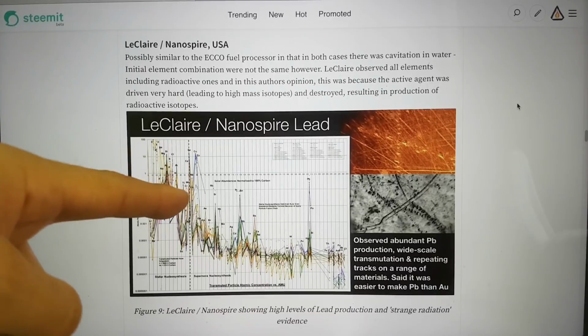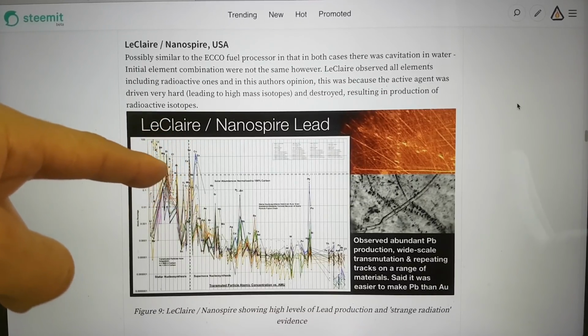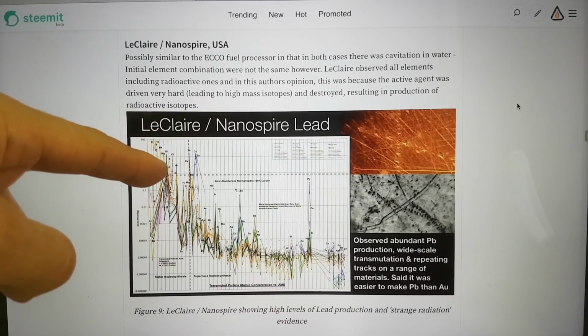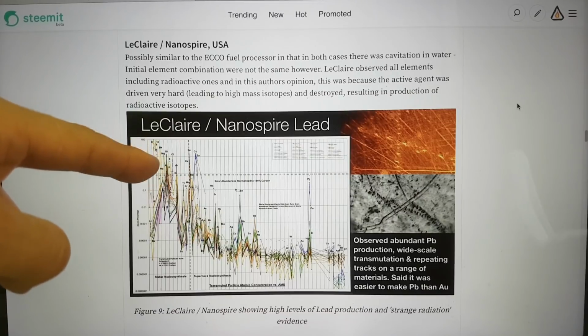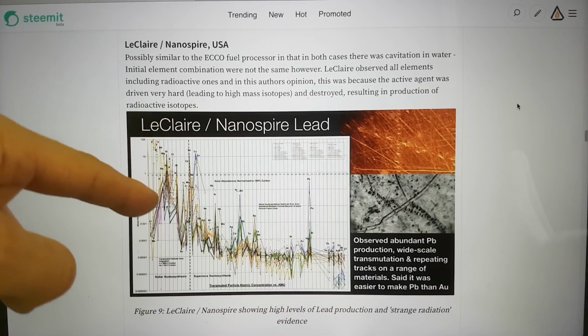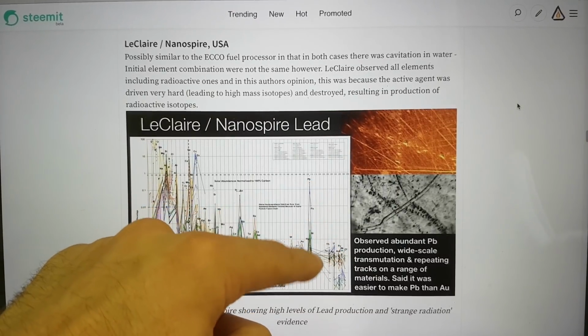Essentially, he's definitely with the aluminium, maybe a steel container, but the aluminium perforated drum, and the water and the carbon, and so forth. He's synthesizing again using light elements, but you can see here this incredible peak of lead.